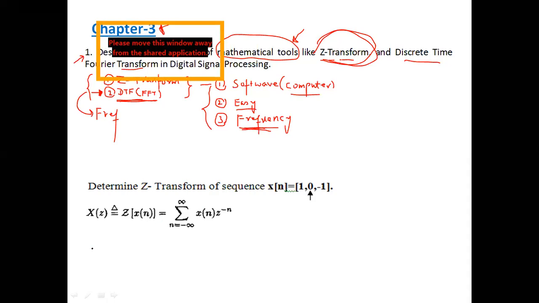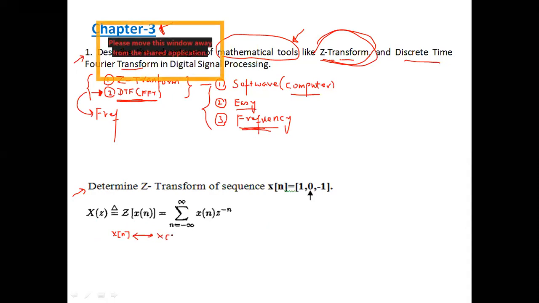So let's see one example from Z transform. Here, as you can see, you can transform a time domain signal, which is a function of time, into a complex frequency domain, X of z.